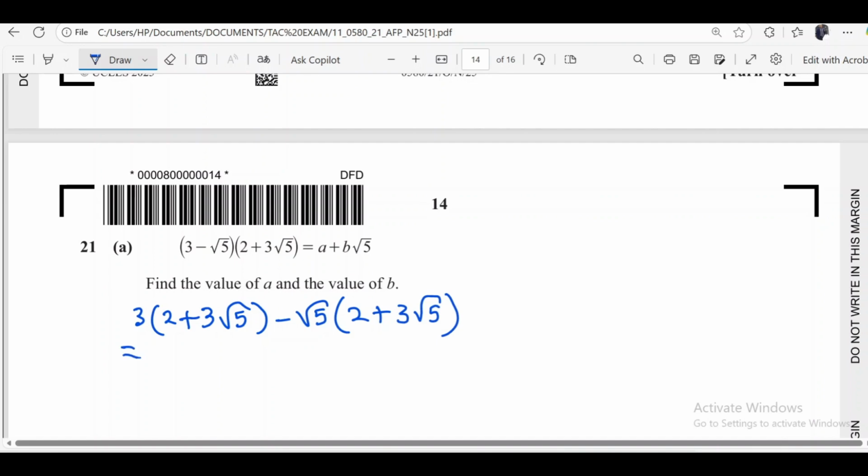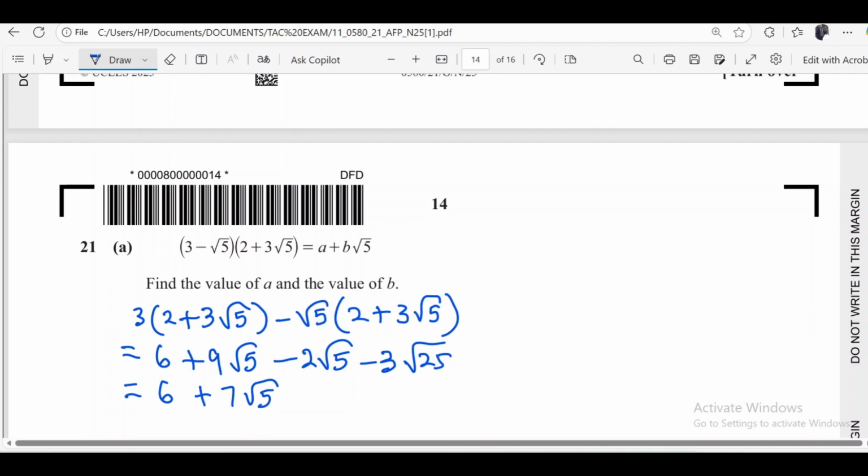This is going to give us 3 times 2 is 6, 3 times 3 is 9, we have √5, minus √5 times 2 is minus 2 √5, minus √5 times 3 √5, this is minus 3 times √25. Now this is 6, 9 √5 minus 2 √5 is 7 √5, then we have 3 times √25, and √25 is 5.